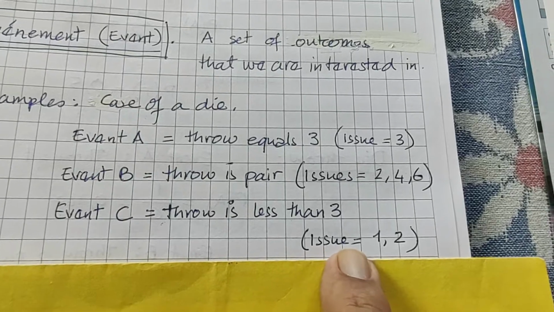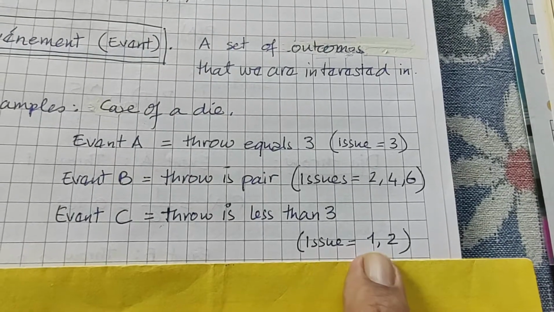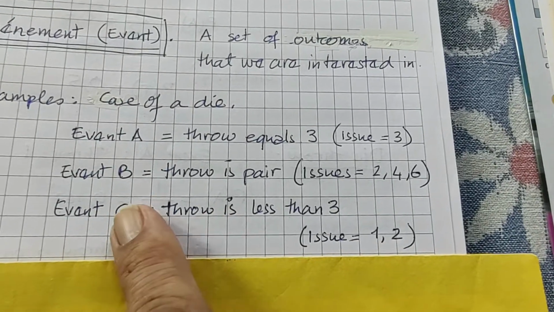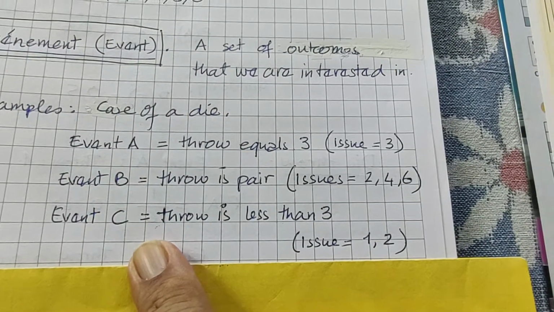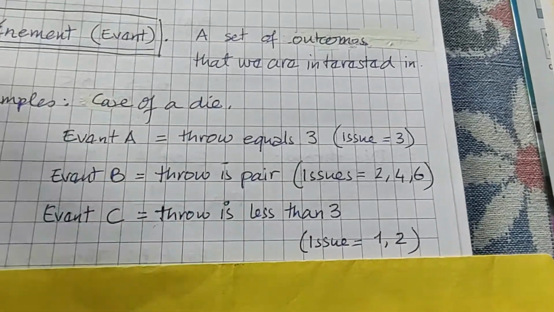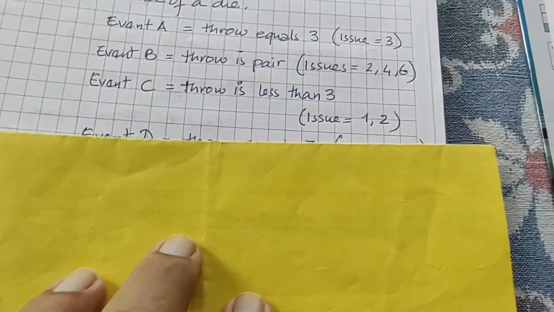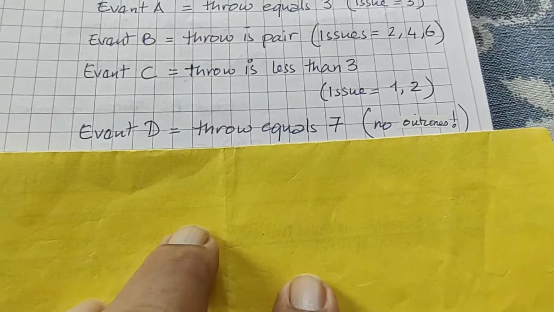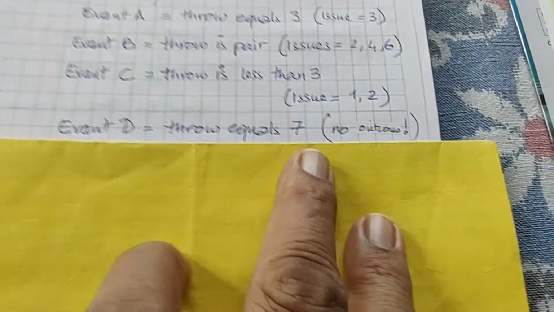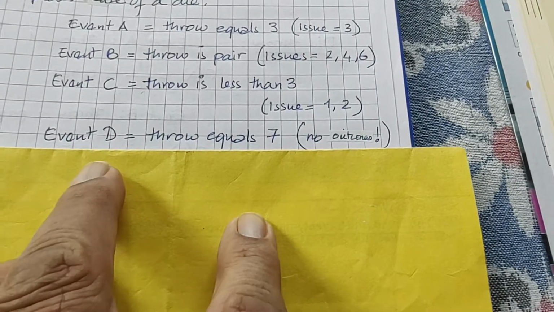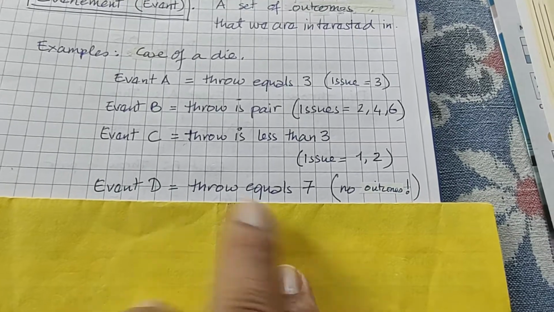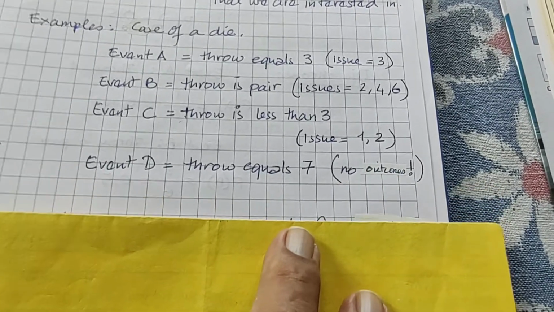In this case, only 2 outcomes, 1 and 2, will make up event C. Event D, let's define a fourth one, throw equals 7. No outcome will satisfy event D, because on a die there is no number 7.